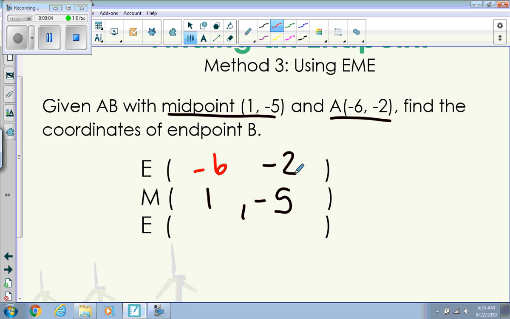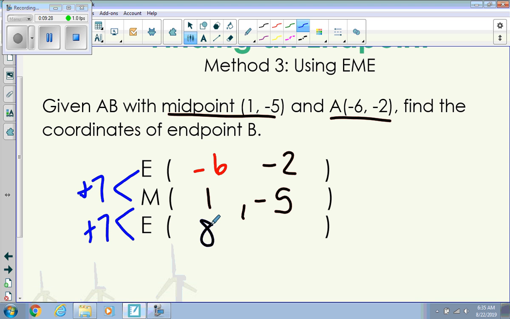Then we're going to say, how did we get from piece to piece? So how did we get from -6 to 1, right? We've added 7. So we are going to add 7 to the 1, and we're going to get 8. We're not going to put what we added down at the bottom. We have to add the 7 to the midpoint to get to the next point.